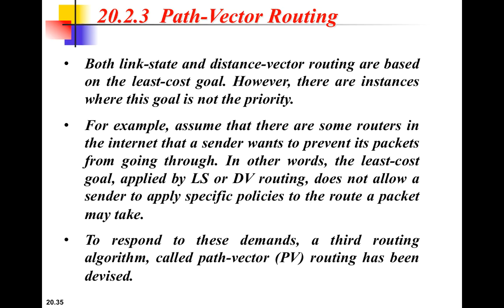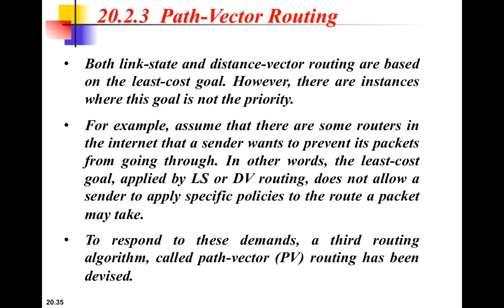We have seen distance vector routing and we have seen link state routing. In both cases, the goal was to find the least cost. We were looking to find the least cost between the nodes.